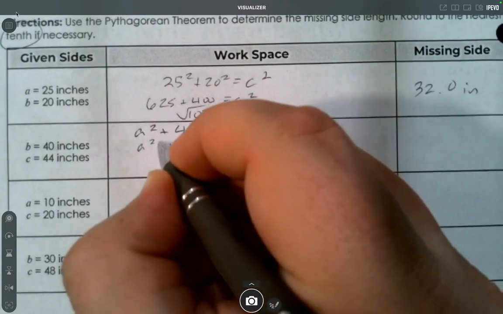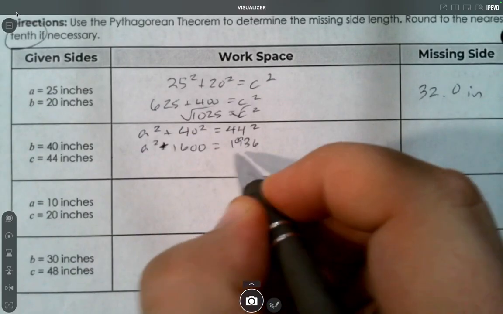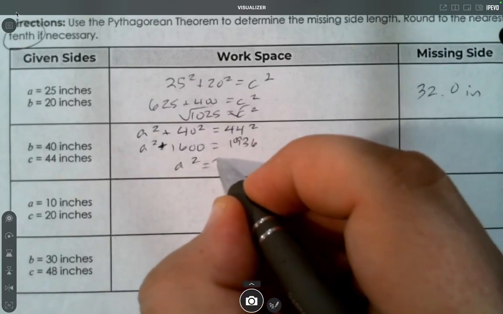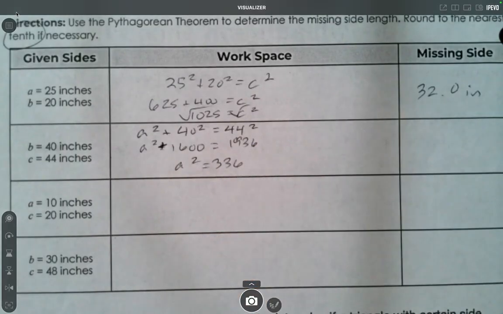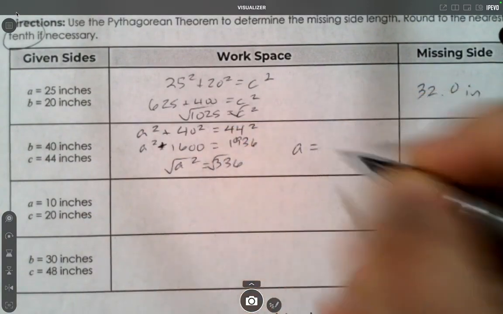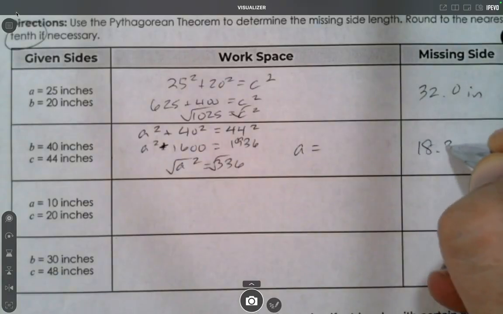Sorry, this should be a plus, not an equals. So then I subtract 1600 from both sides. I get A squared equals 336. So then I take the square root of both sides, and I get that A, a side, is equal to 18.3 inches.